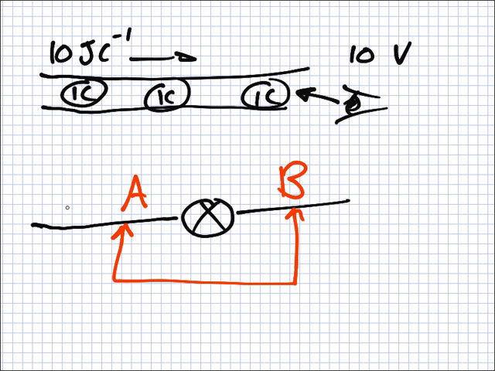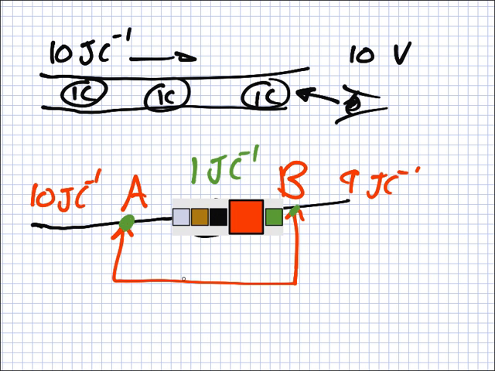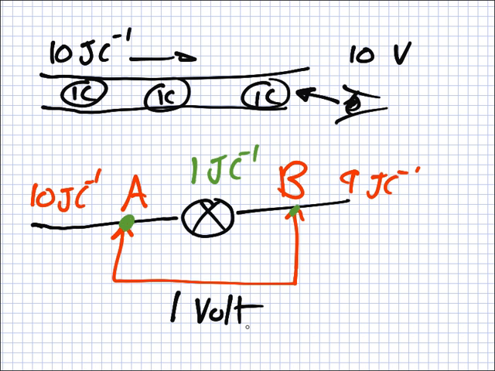So, for example, maybe it was 10 joules per coulomb here, and maybe later it could still do 9 joules per coulomb, because maybe there's another light here or something. But the voltmeter can't tell you that. The voltmeter just tells you between here and here there was 1 joule per coulomb used. In other words, there is 1 volt between A and B.